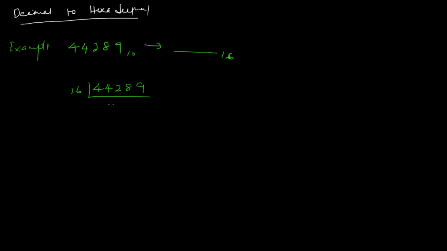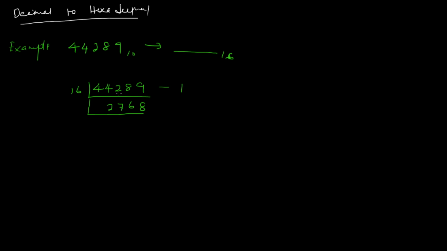You just write the whole number here, 2768. Since there is some decimal value, you put the remainder as 1. If there is no decimal value, then you just fill this remainder with 0.